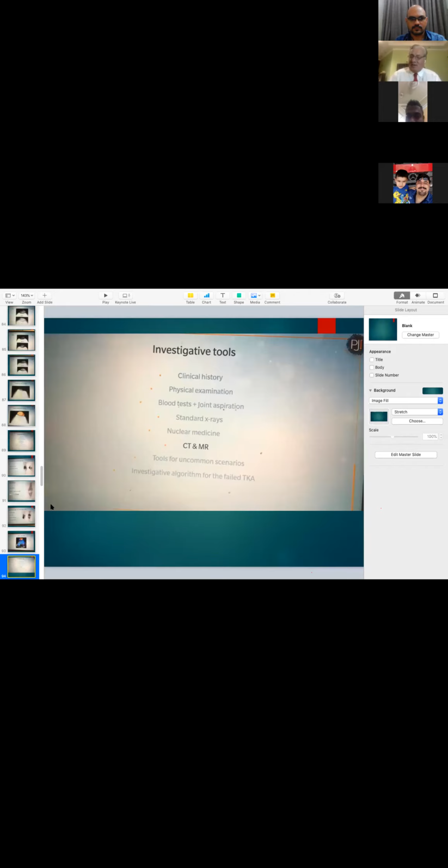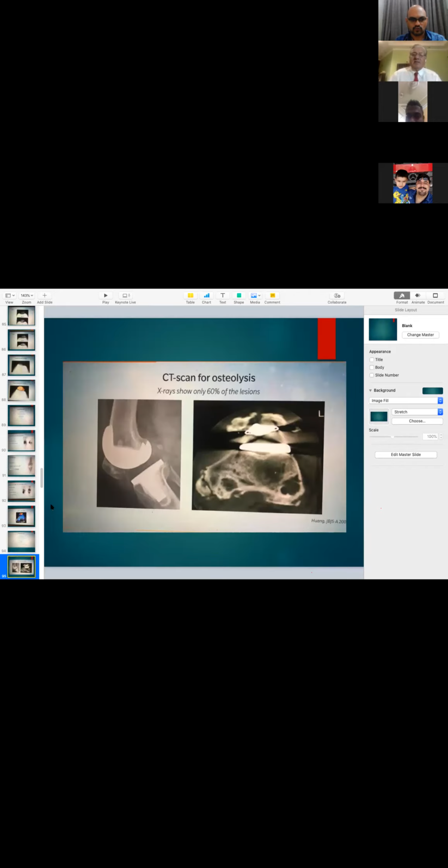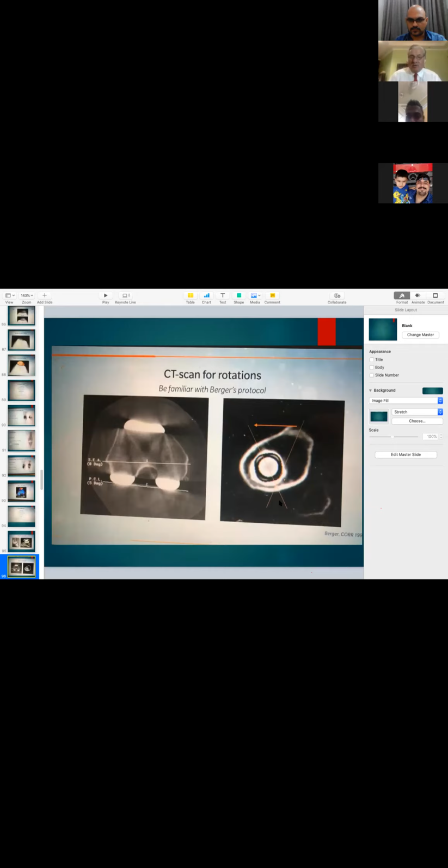What about the CT? CT helps for two aspects. First, for the rotation or osteolysis. And the radiologist must understand the important thing, not only the rotation, but the degree of the rotation. And the femoral is more sensitive for the rotation more than the tibia.